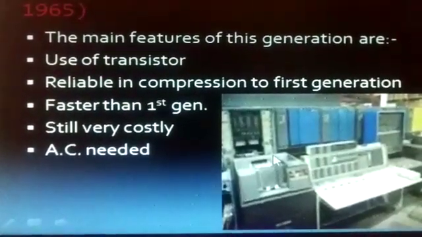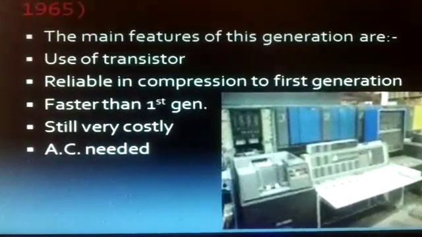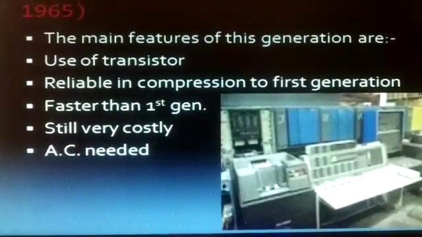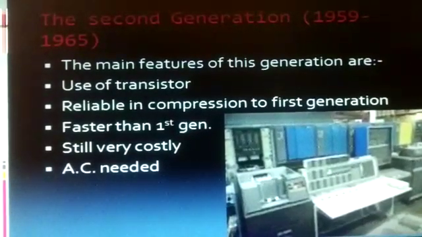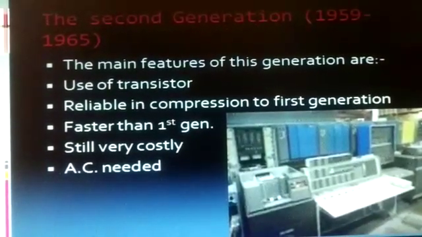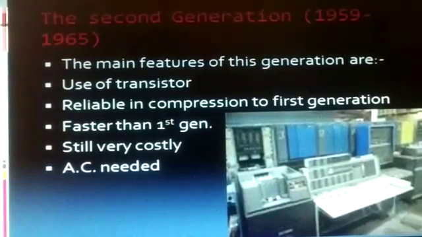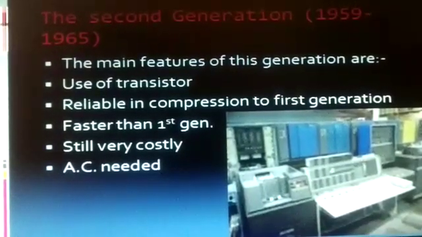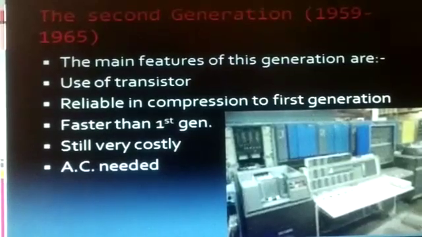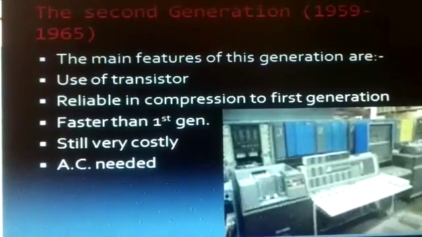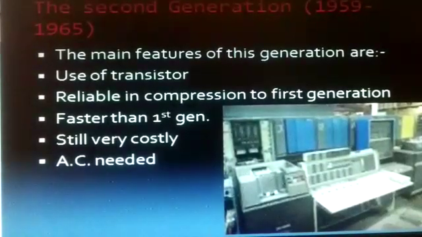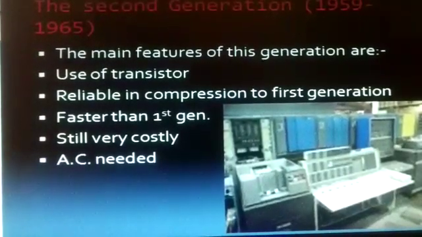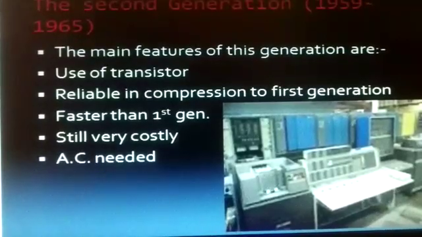The main features of this generation are: first, use of transistors. It is more reliable and faster than the first generation, but still very costly. AC is also needed like the first generation of computer, and it supports machine language and assembly language both.